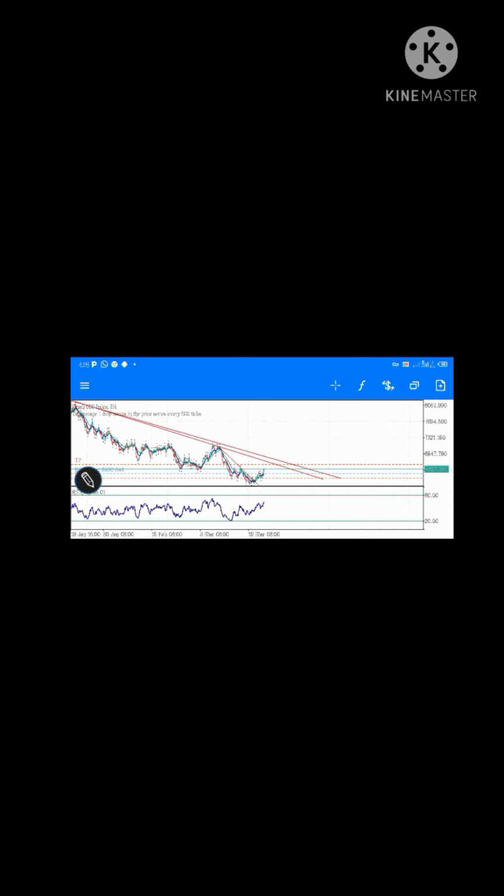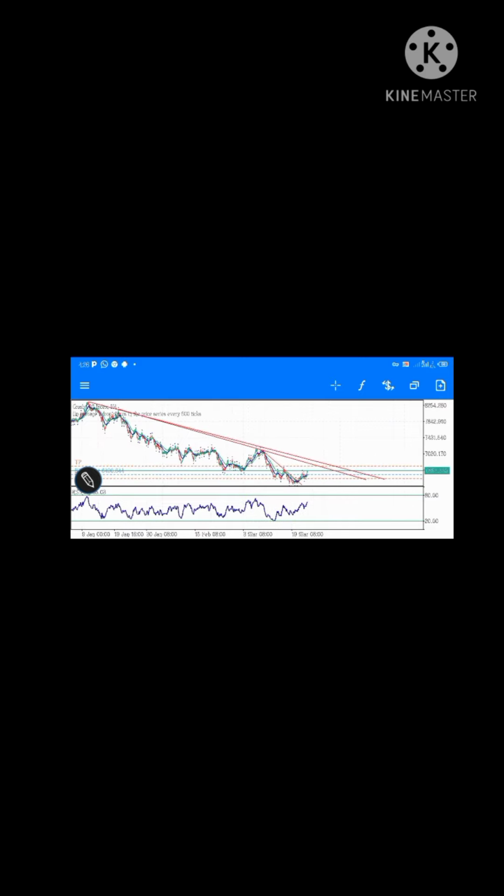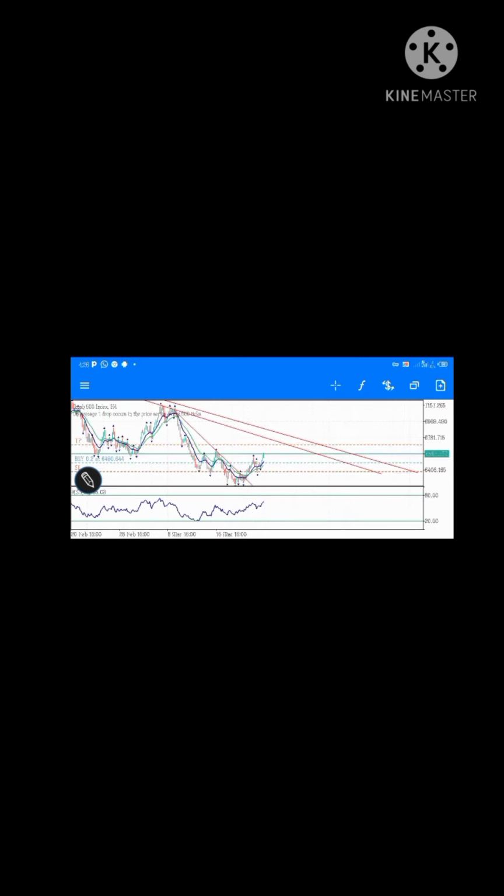Then I relate these two things in the philosophy of the market. The current trend is knowing what the market is doing on the daily time frame. Then on this current trend, you check the previous trend before it, and that previous trend is knowing what the market has done, which is finding out the breakout point.